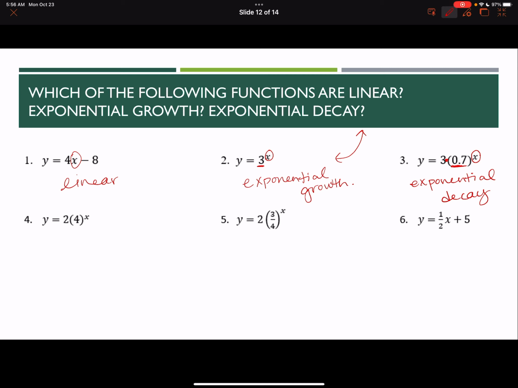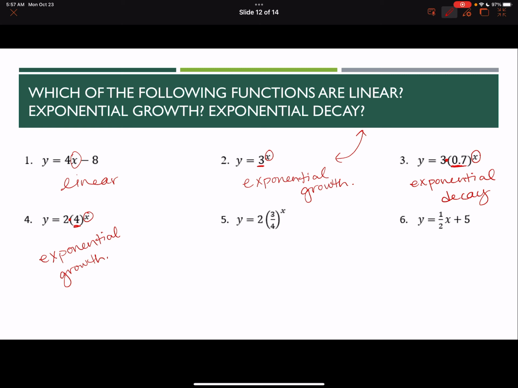So remember, if the base is between 0 and 1, it's exponential decay. Number 4, the x is an exponent. So this is exponential, and this means y equals 2 times 4 to the x. So the base is the 4. That's the only thing being raised to the x power. So this is exponential growth, because 4 is bigger than 1.